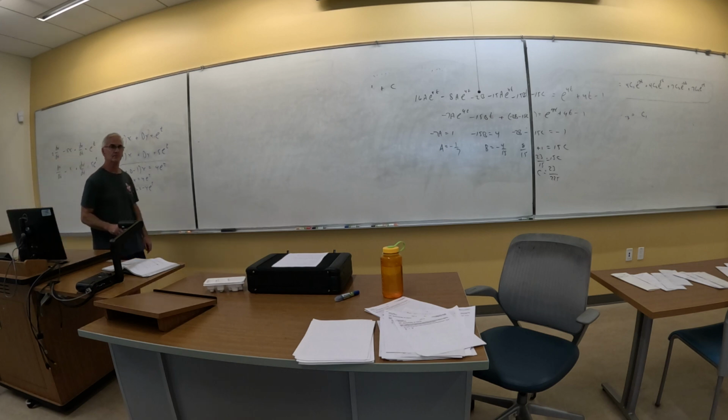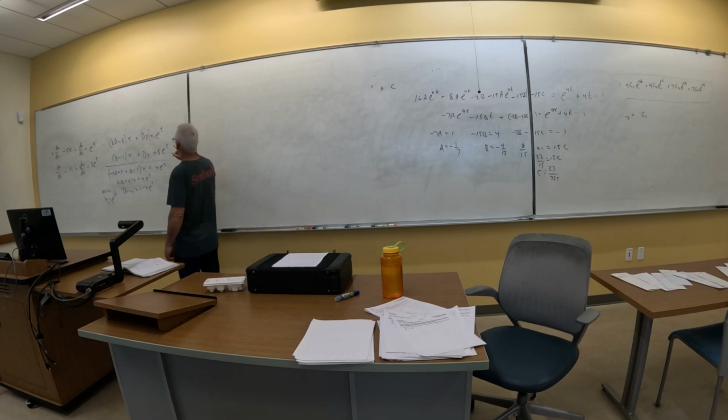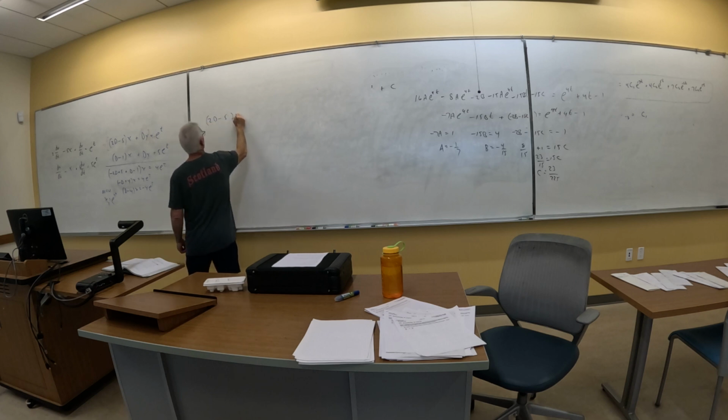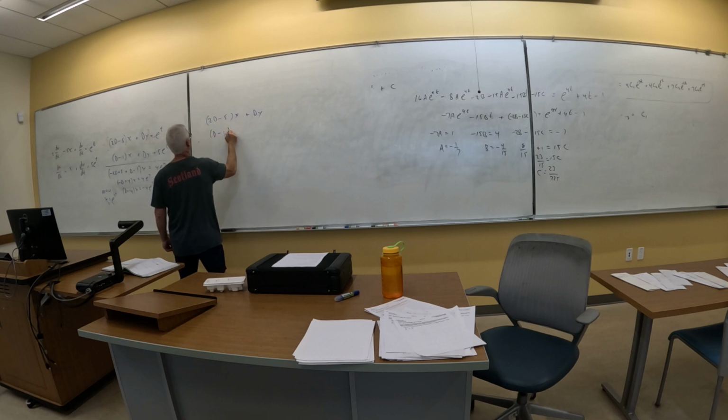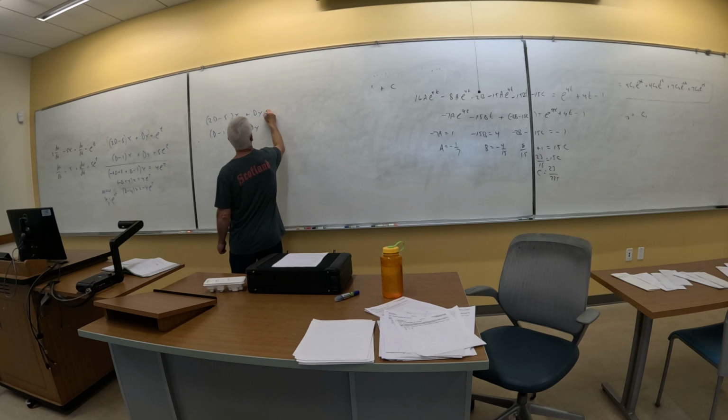Now let's do the y's. Or I should say, let's get rid of the x's. So what am I going to multiply the top one by? I need to redo this. I'm going to be clever here.